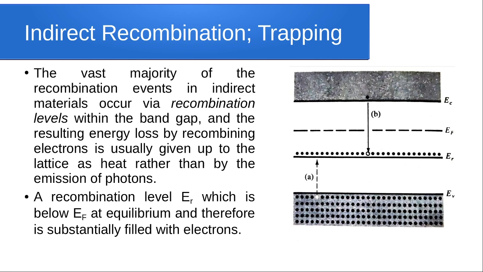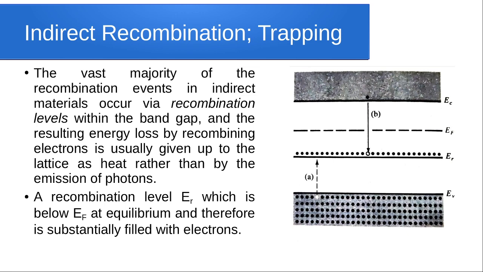Earlier, we had introduced a level where the probability of finding electrons was 50%. That level was known as the Fermi level. Now we are introducing another level which is called the recombination level, which plays an important role in the case of indirect recombination.